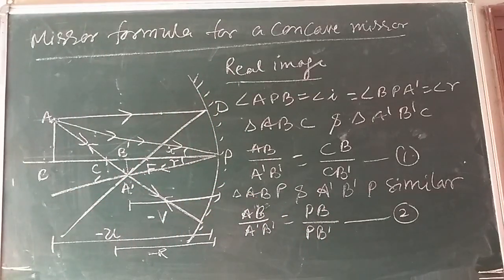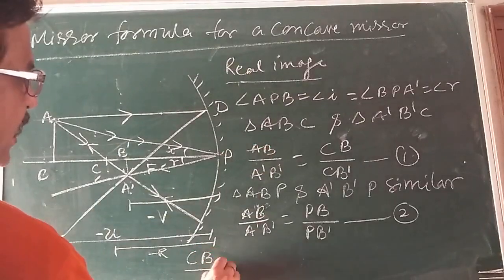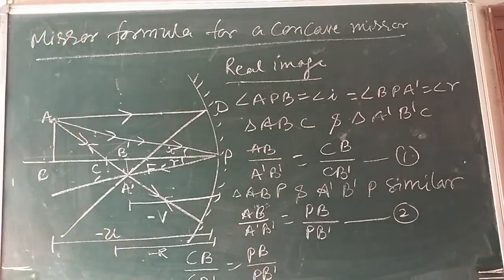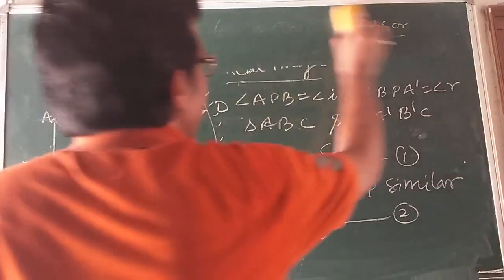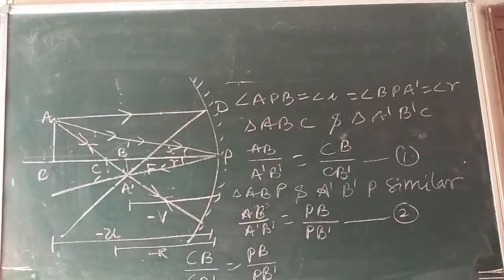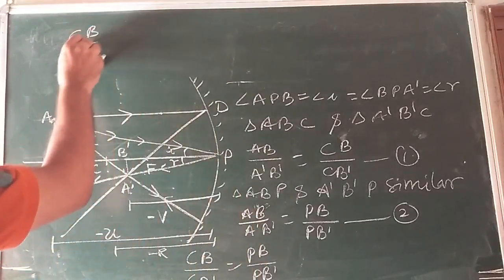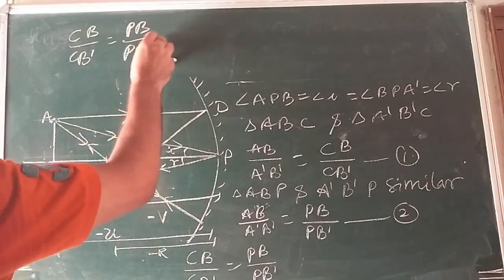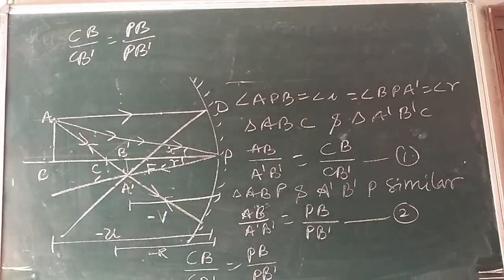See these two equation number 1 and 2. From 1 and 2, CB divided by CB dash is equal to PB divided by PB dash. What is CB?